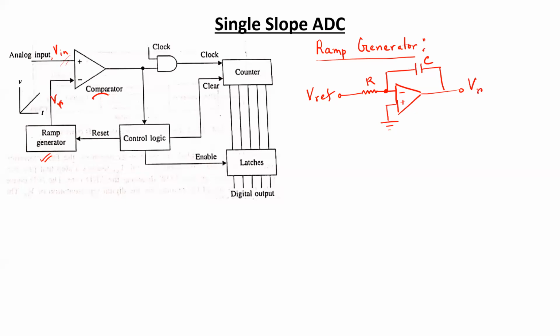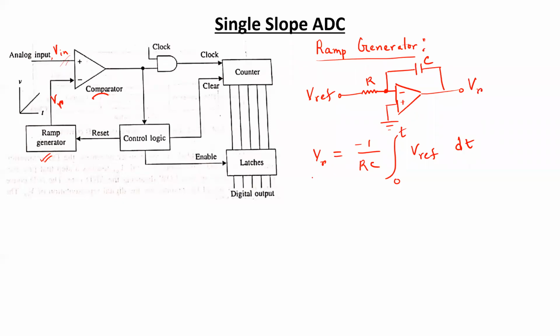Now, as we have denoted the ramp generator output as VR over here, let me denote the output of the integrator as VR here as well. So in general, for an integrator circuit, the output voltage is defined through this equation. Suppose from 0 to a particular time interval, the reference voltage is integrated.